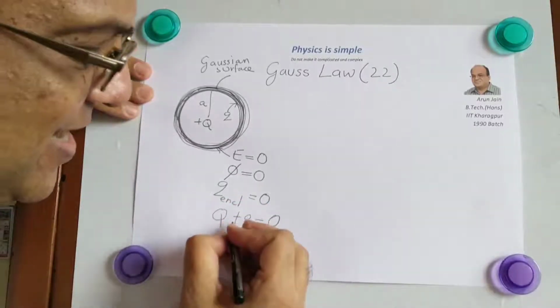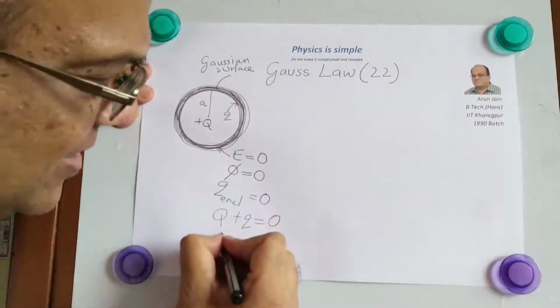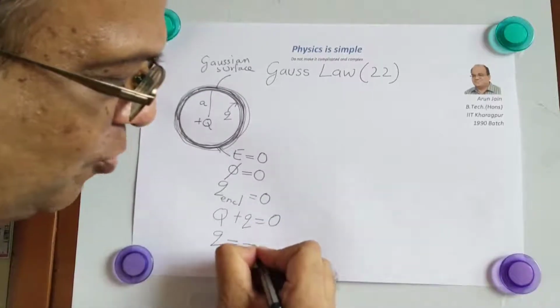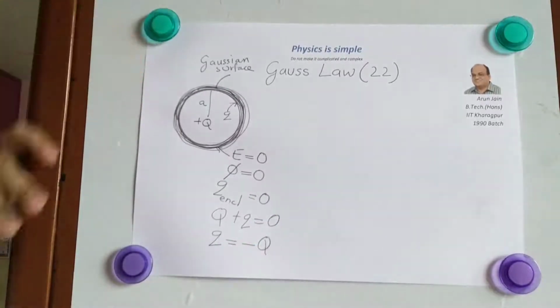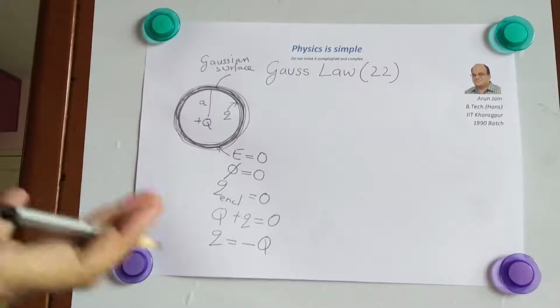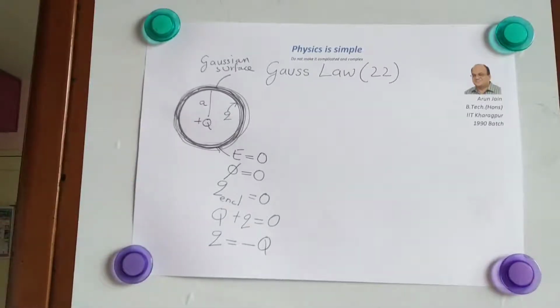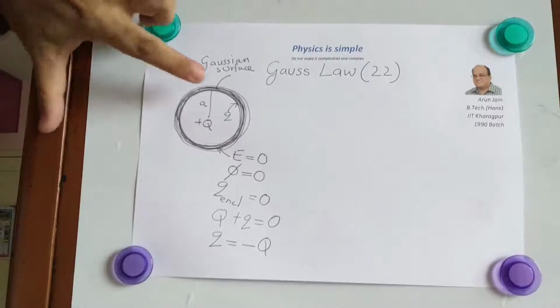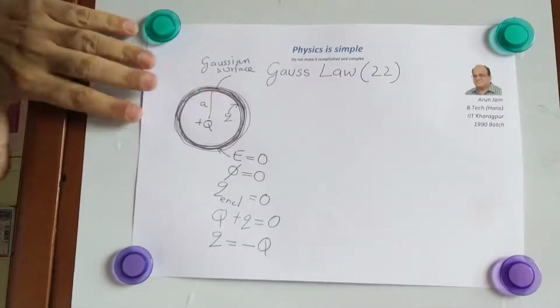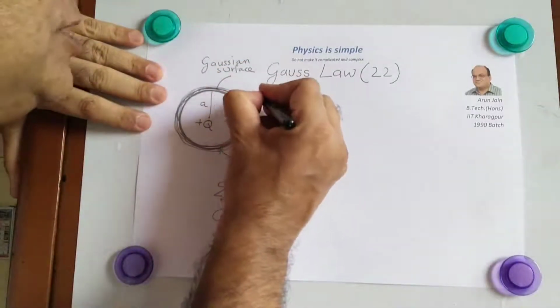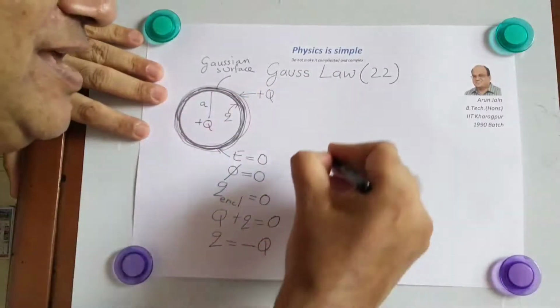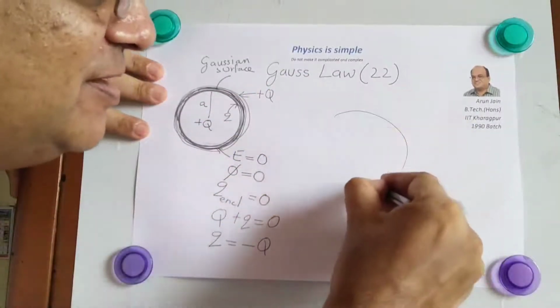Therefore, the charge on the inner surface turns out to be minus Q. And this is an uncharged metallic sphere, therefore the net charge on it must be 0. If minus Q has come on the inner surface, plus Q must come on the outer surface. So this is a very important result.